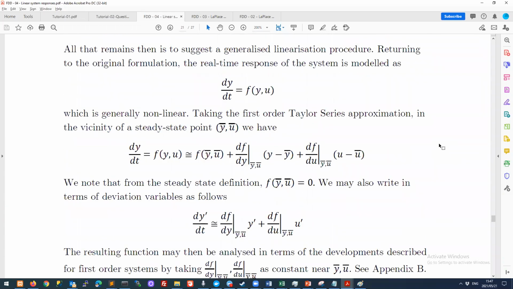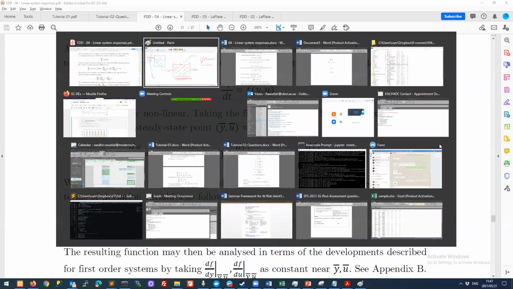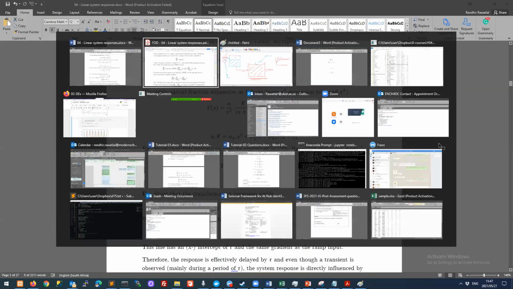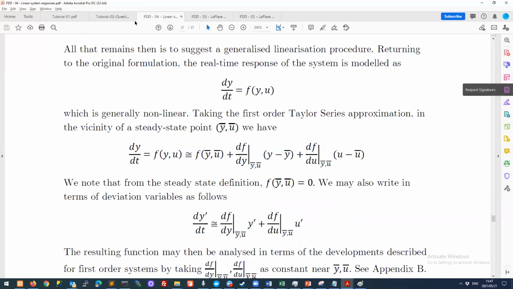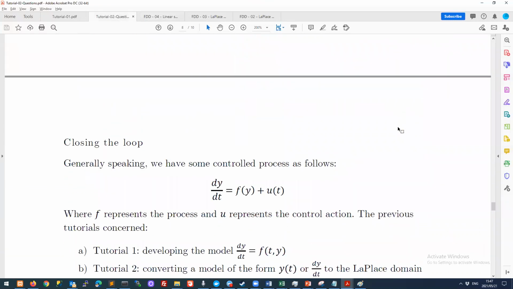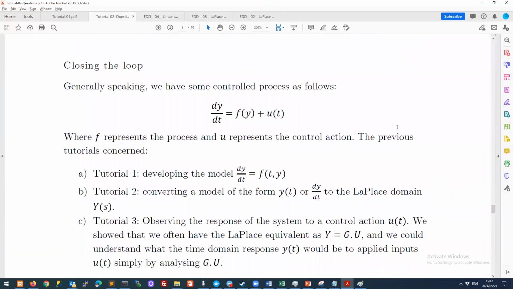Okay, so those are the open loop responses. Now going back to the tutorial. Now we want to talk about closing the loop. So we've now exhaustively talked about how the system responds if you apply different time functions for your input.